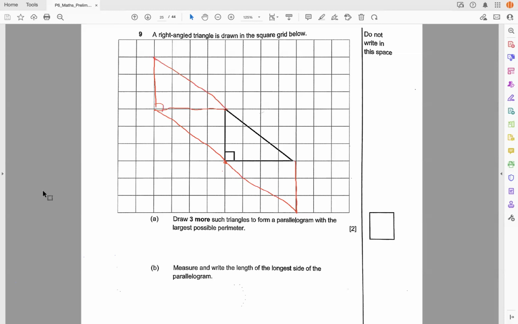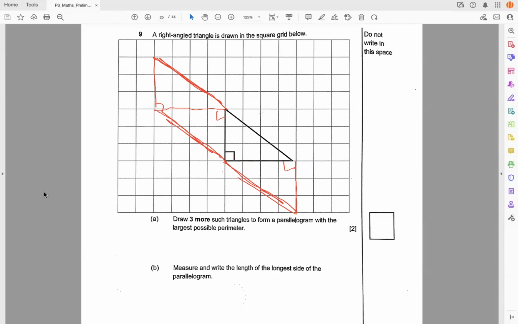So this exposed, this exposed, and this exposed. Correct? So this will be the largest possible perimeter.